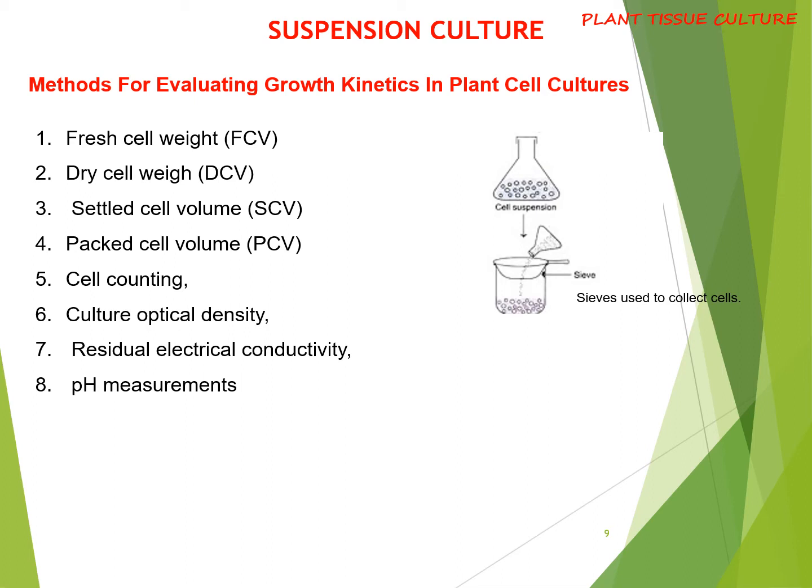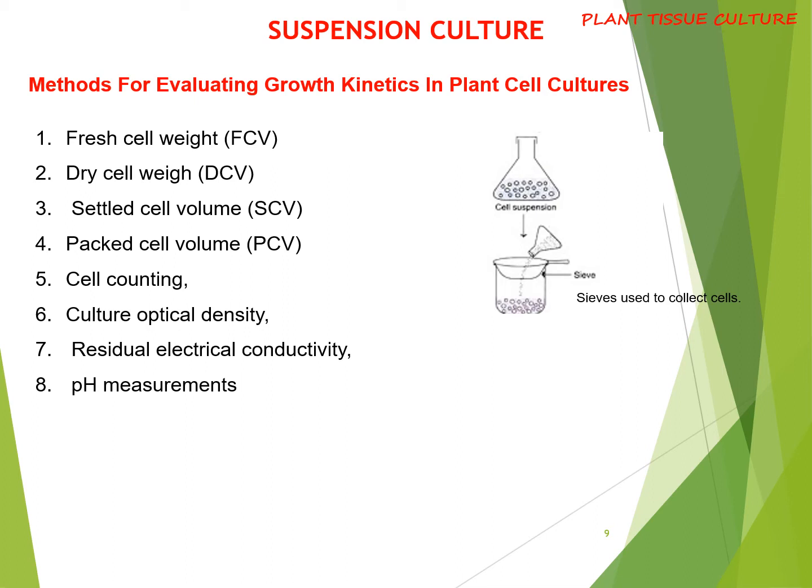A known volume of the suspension culture is drawn out under aseptic condition. The filtered cell suspension is weighed on a pre-weighed Petri plate. The difference between the final and the initial weight gives the fresh cell weight.